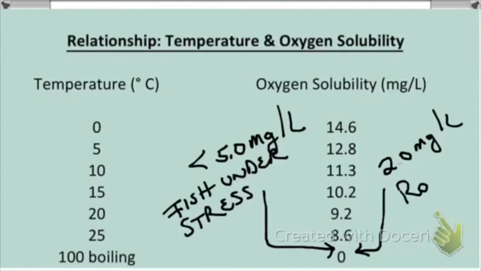Fish and shrimp can't survive at all when DO drops below 5 milligrams per liter. Luckily for rotifers like me, we can handle water down as low as 2 milligrams per liter. In Celsius, 20 to 21 degrees is room temperature. Human body temperature is 37 degrees.